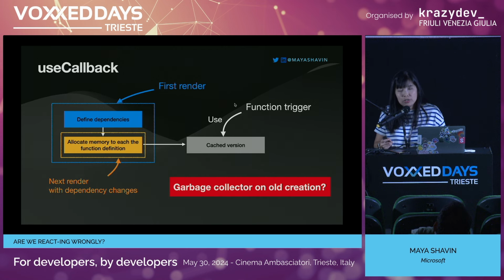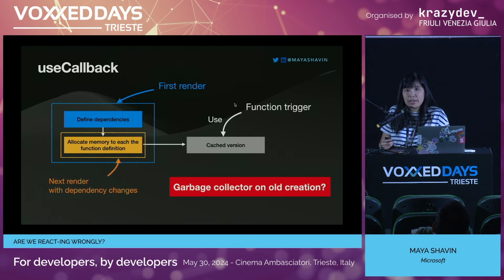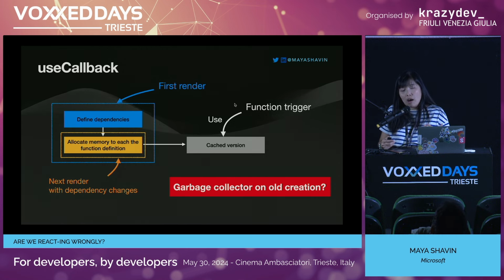What happened to the version that was one step older than the current version? Well, according to the React team, they're not doing anything with it. They just leave it there, which also means that you will end up with a lot of old cached versions if the function invalidates very often, and it's not efficient for resource allocation in the long term.